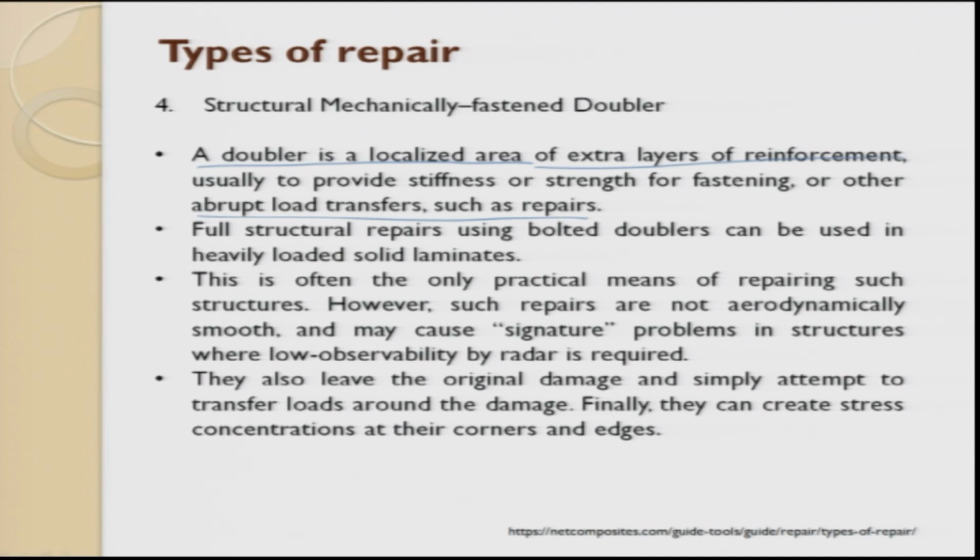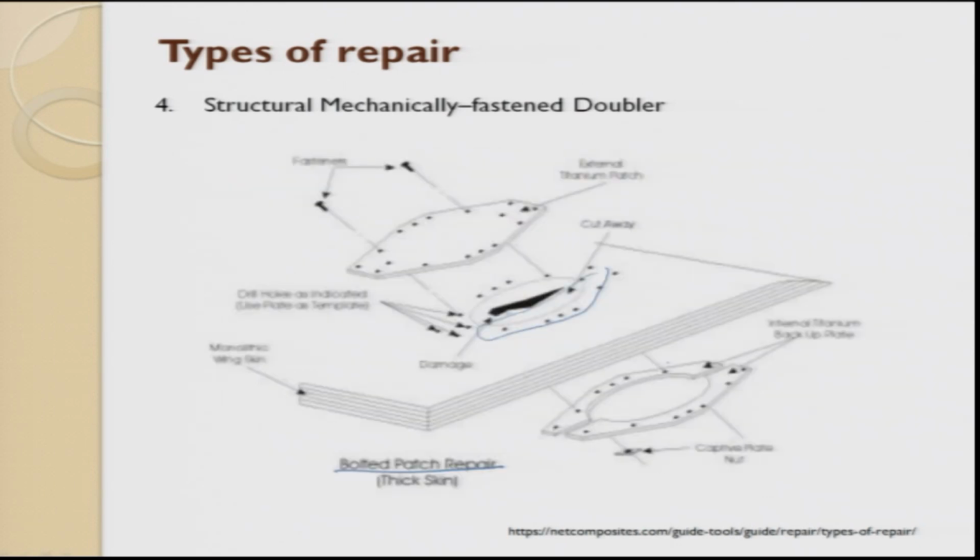So, this is what I discussed here. This is often the only practical means of repairing such structures. However, such repairs are not aerodynamically smooth and may cause signature problems in structures where low observability by radar is required.